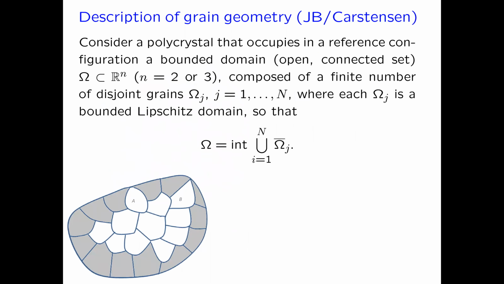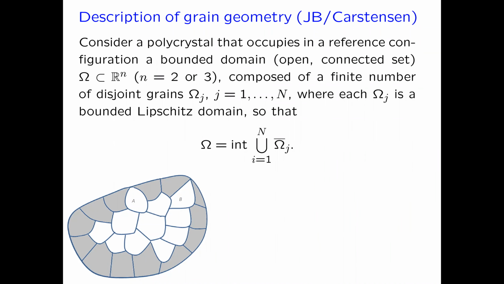We'll suppose that you could write omega as a union of the closures of these disjoint grains. So each omega j will be a bounded Lipschitz domain. They're disjoint, and omega is the union of the closures of those domains.